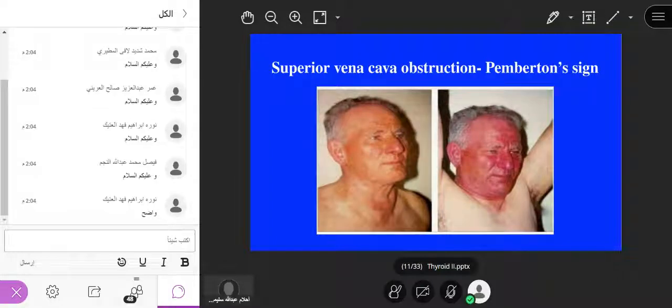What is superior vena cava obstruction, or Pemberton sign? You elicit this sign by asking the patient to raise their arms above their head. You are narrowing the thoracic inlet, and if the space is already narrowed by a large goiter, there will be facial congestion due to blockage of the jugular vein and superior vena cava.